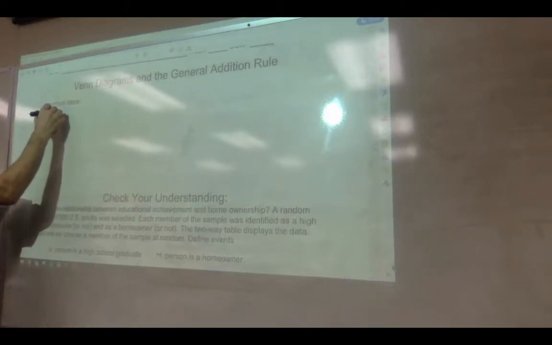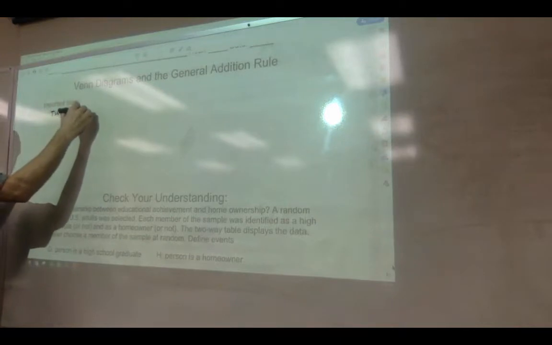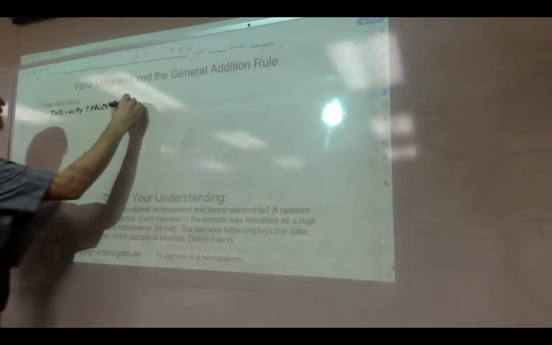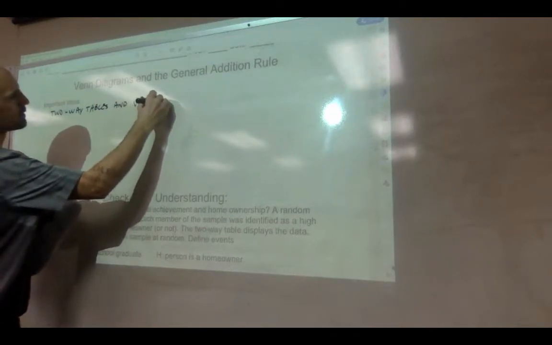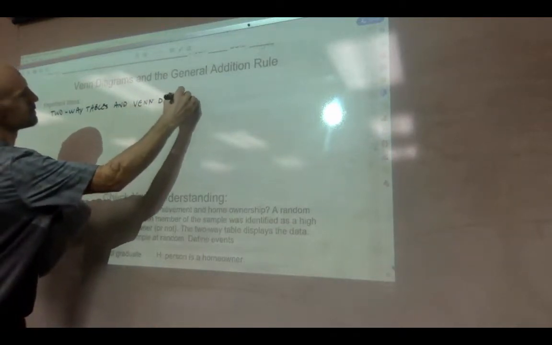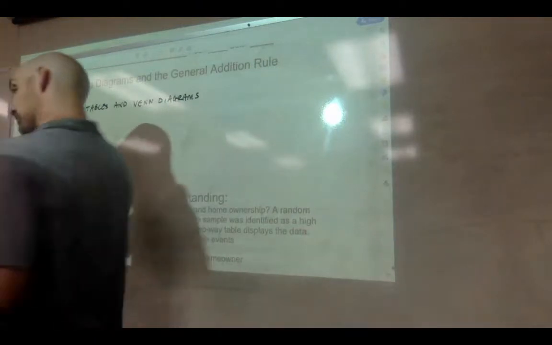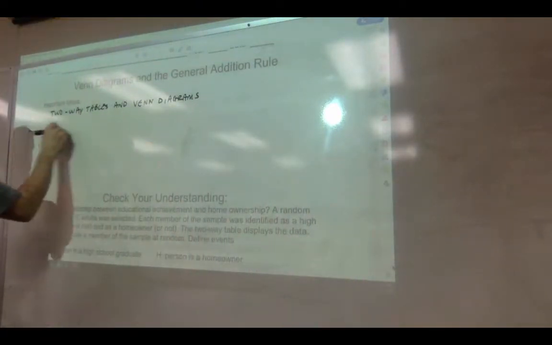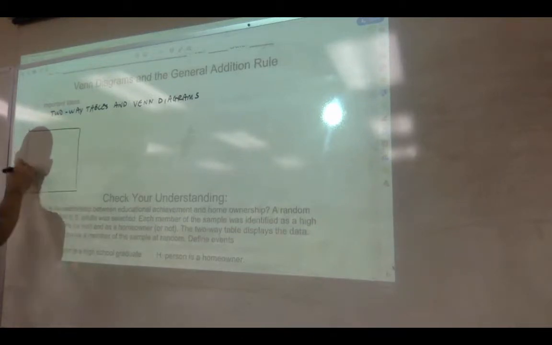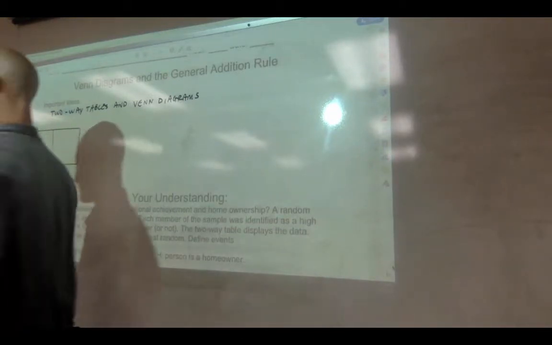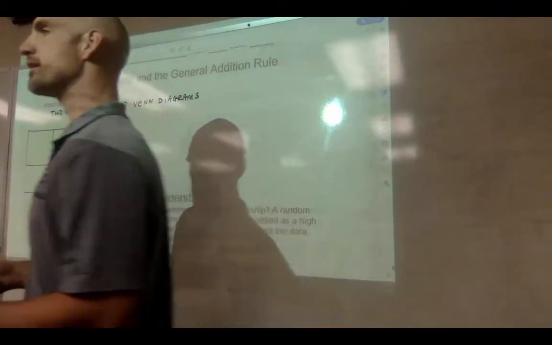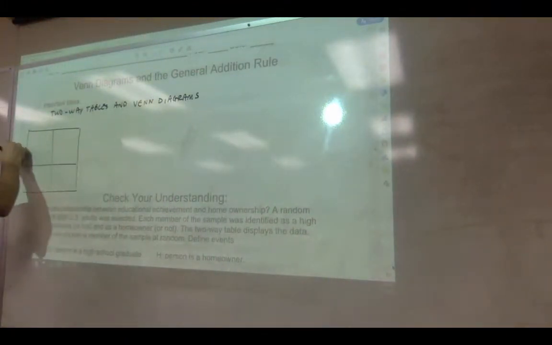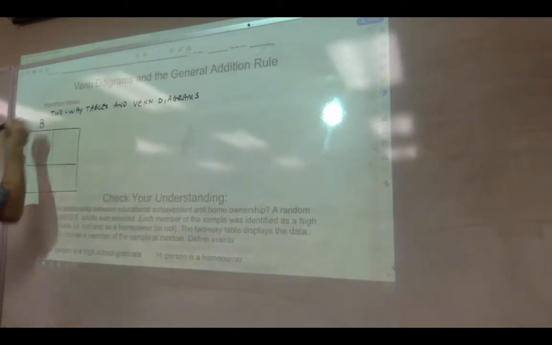Two-way tables and Venn diagrams. This will be a review of what we did. So this is a two-way table here. And here's what we're going to do. We have two events. In this case, it was taco tongue and evil eyebrow. Event A goes here. Event B goes here.